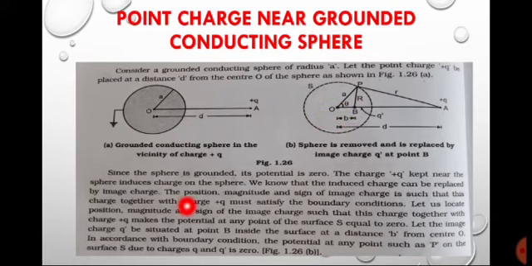In accordance with the boundary condition, the potential at any point such as P on the surface S due to charges q and q dash is 0.